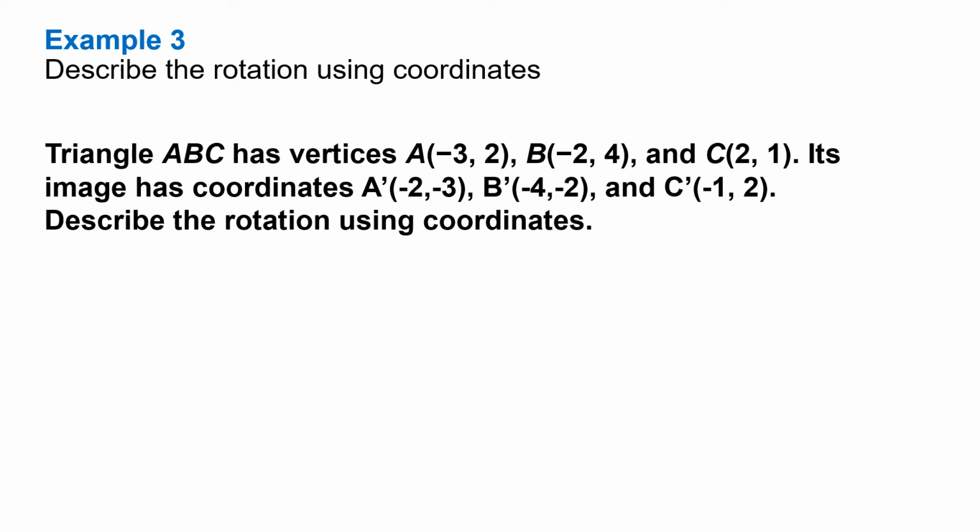I'm going to check to see if that happens in B and B', and C and C'. So yes, it appears that in A to A', B to B', C to C', my x coordinate and my y coordinate switch places, and what used to be the y coordinate becomes negative, or the opposite sign.